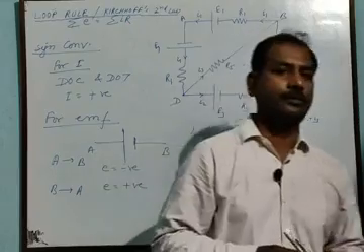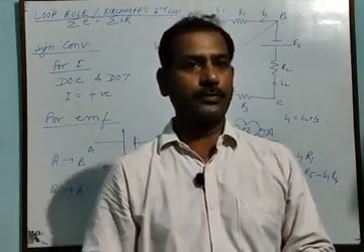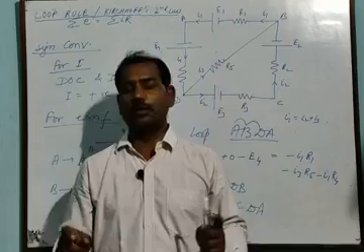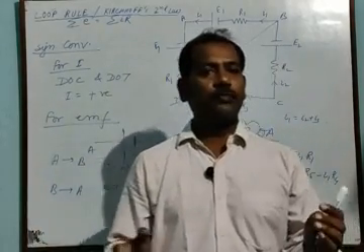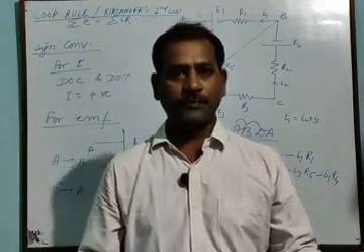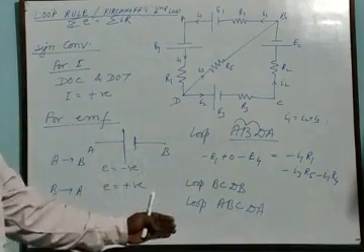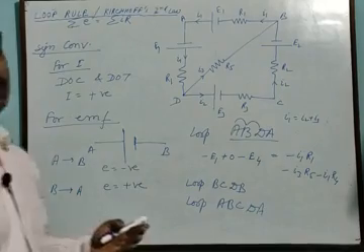If you are able to develop the equations in a particular loop, and for different types of loops you are able to solve the equations using sign convention, that means in any numericals you have solved 50% of the questions. So first try to develop the equation according to sign convention. Now we are going to apply a Wheatstone bridge.